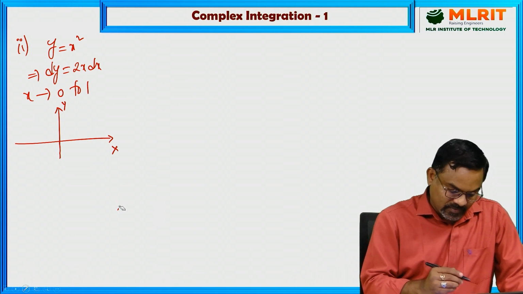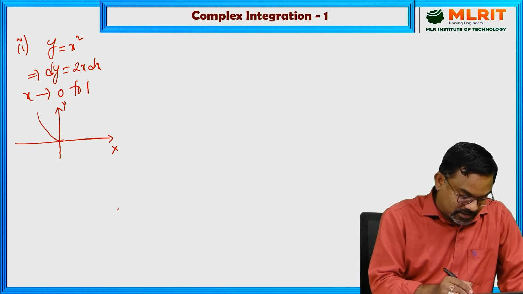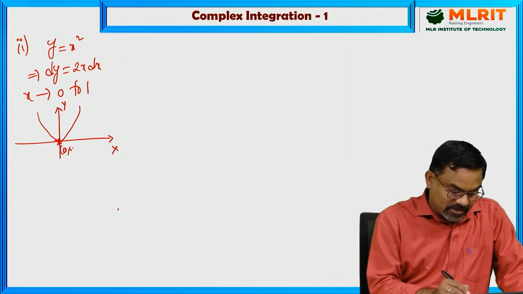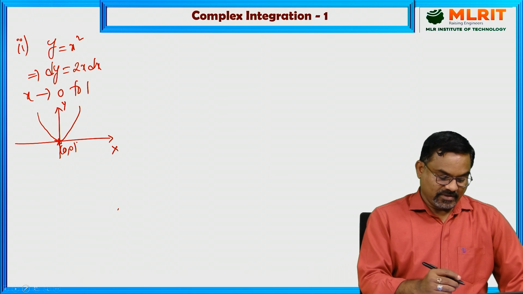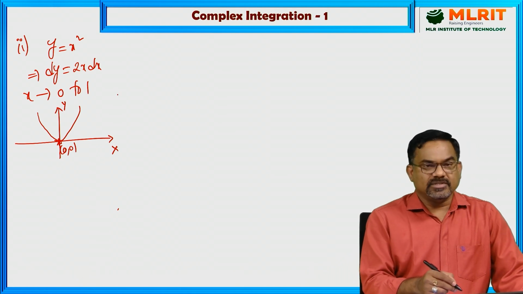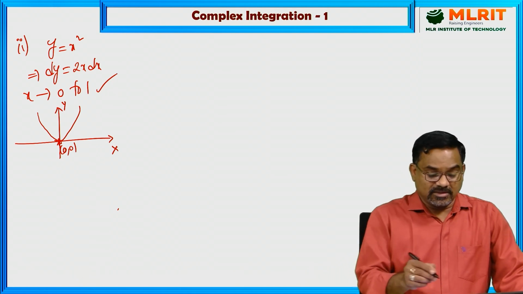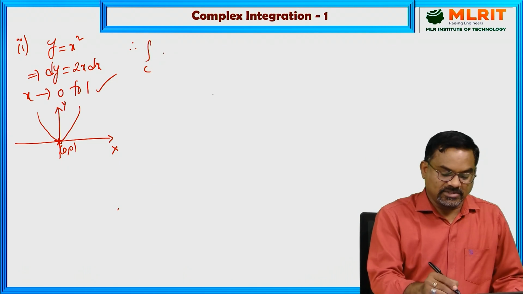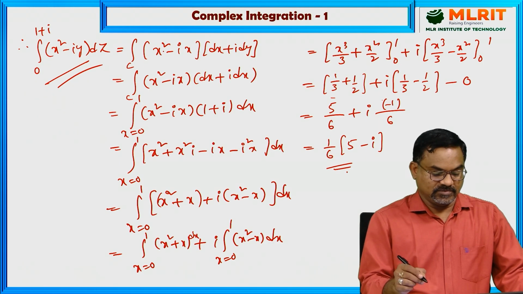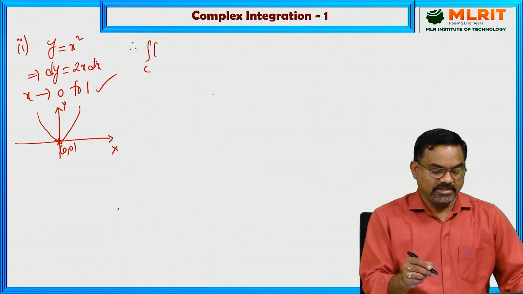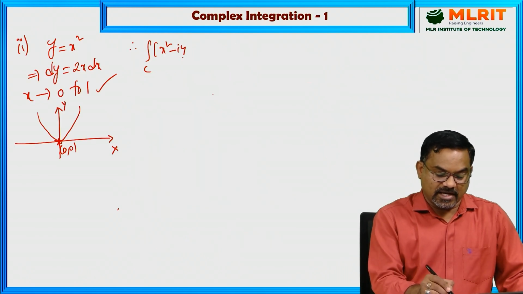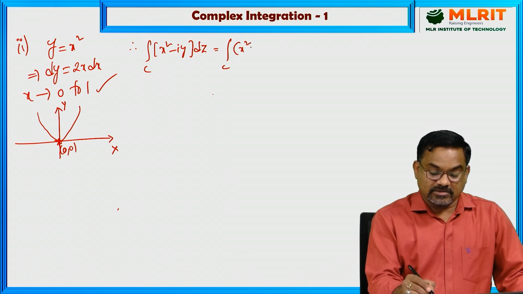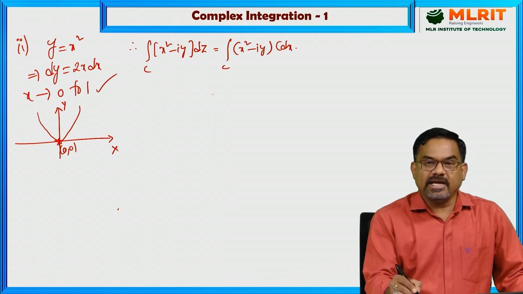If the equation is having even powers of x only, then it is symmetric about the y-axis. Therefore the given parabola is symmetric about the y-axis. So here the point is 0, 0 and again the same. So x changes from 0 to 1, the limits we have. So therefore, the given line integral along C of (x square minus iy) dz is equal to, along C, (x square minus iy) into (dx plus i dy).